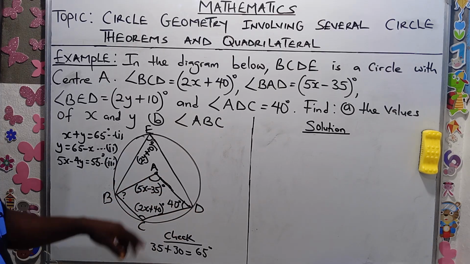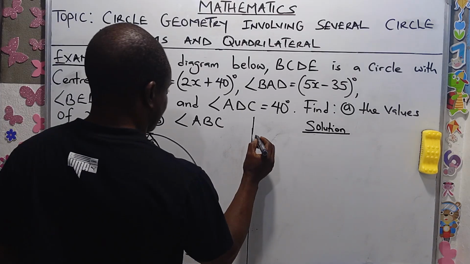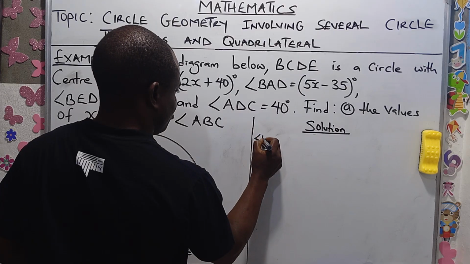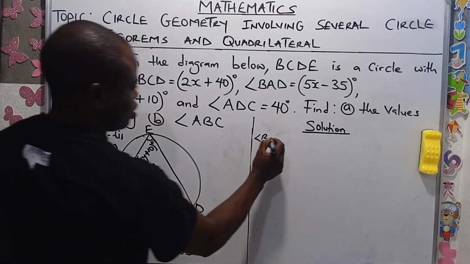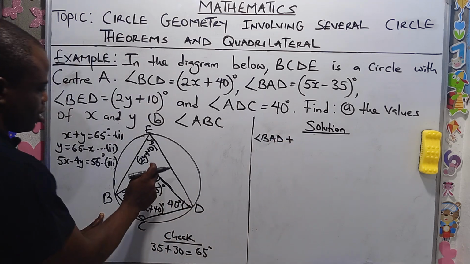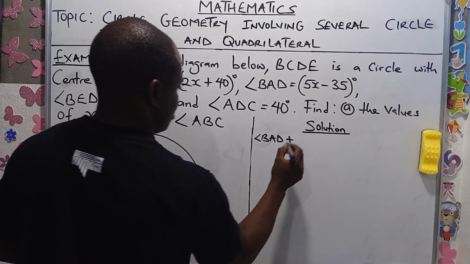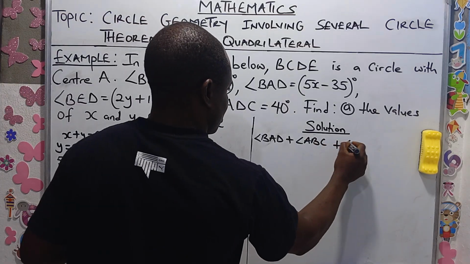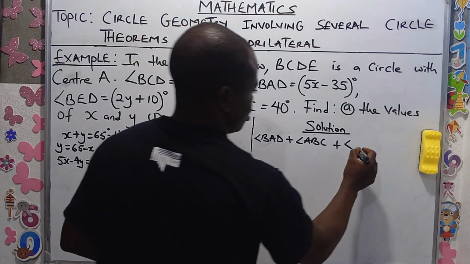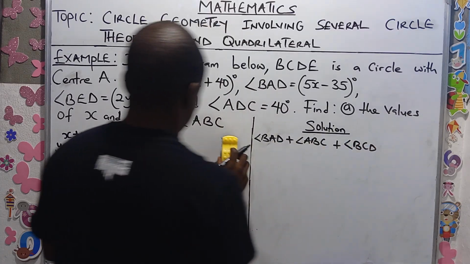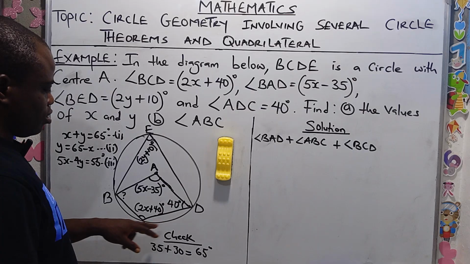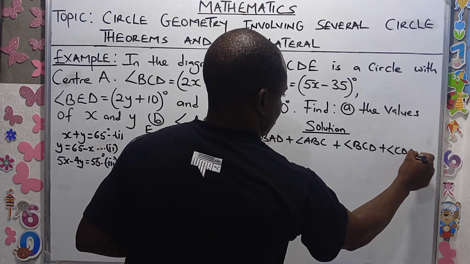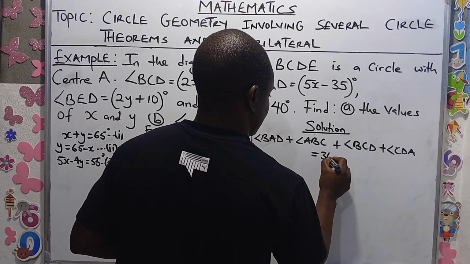the shape ABCD is a quadrilateral. You can now write it as angle BAD plus angle ABC plus angle BCD plus angle CDA equals 360 degrees.